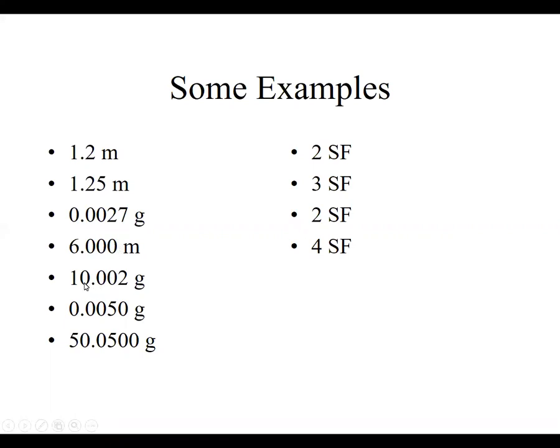Okay, next number, 10.002. Well, notice that we can take those 3 zeros, both the one before the decimal point and the 2 after the decimal point. Notice they are sandwiched in between 2 significant digits, right? Because there's a 1 in front of the first 0, and non-zero digits are always significant. There's a 2 after the last 0, and again, non-zero digits are always significant.